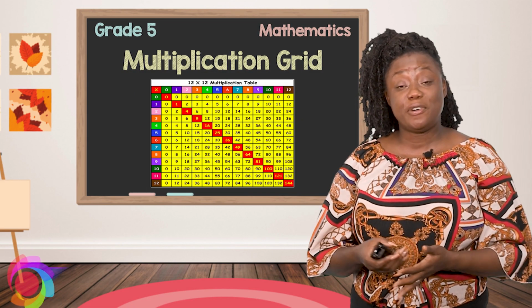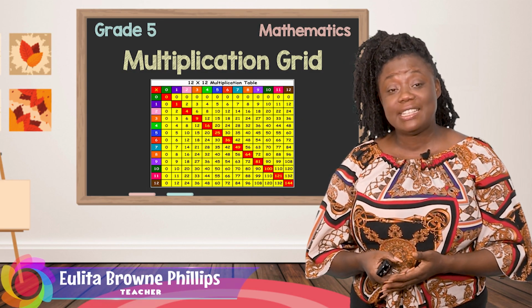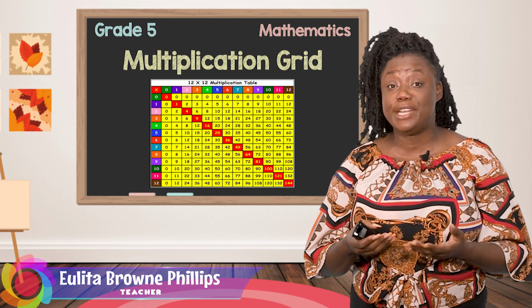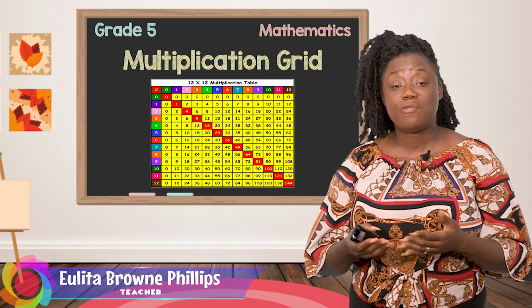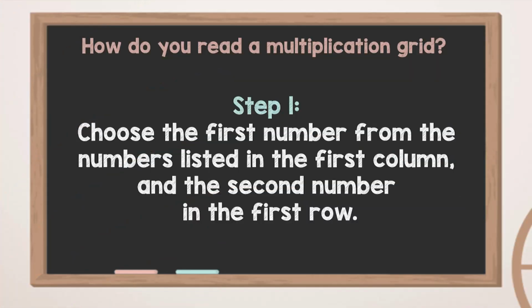Now we will learn to follow some simple rules today to help us to be able to read a multiplication grid correctly. Our first step, we choose the first number from the numbers listed in the first column and the second number in the first row.